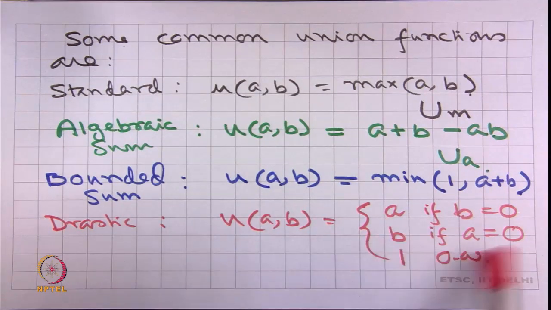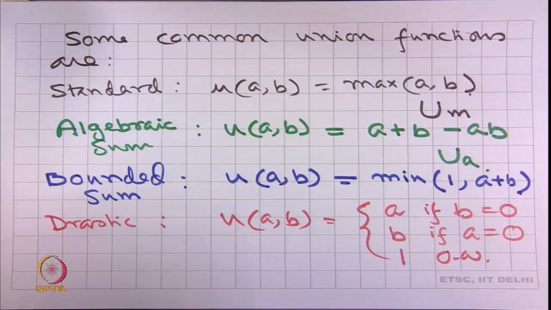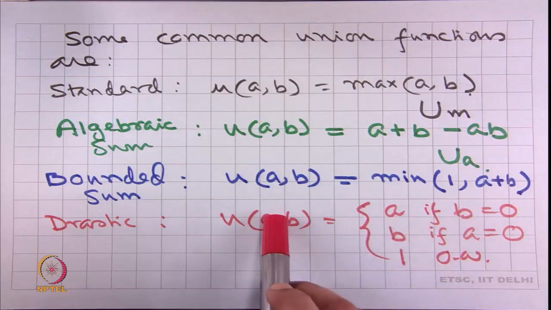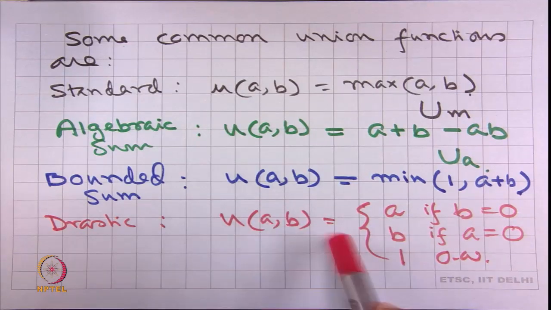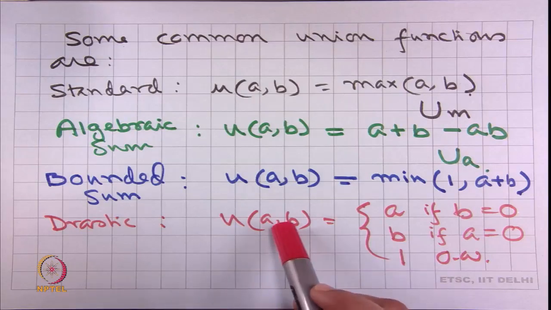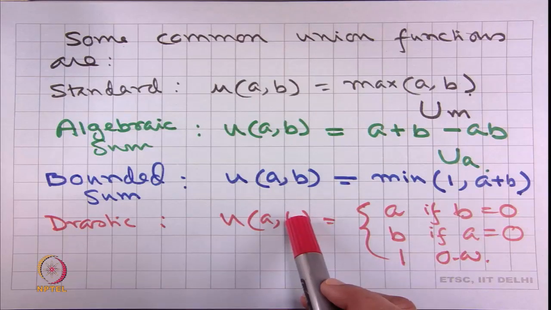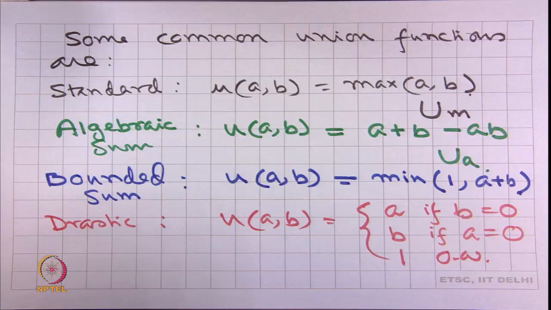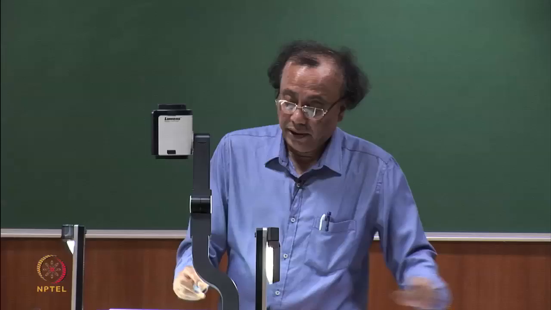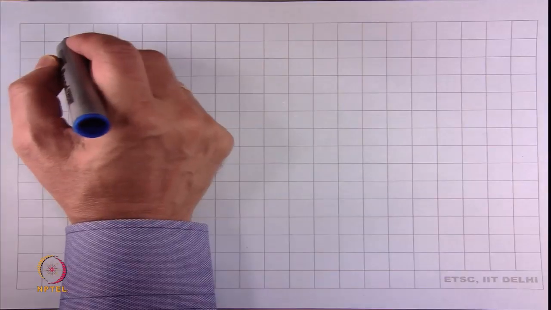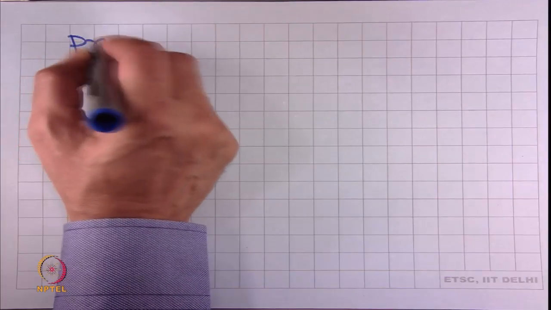That is, if any one of them is 0, then the membership to the union is the value of membership of the other one, but if both of them are non-zero, then it does not matter, we are giving full membership to the union.